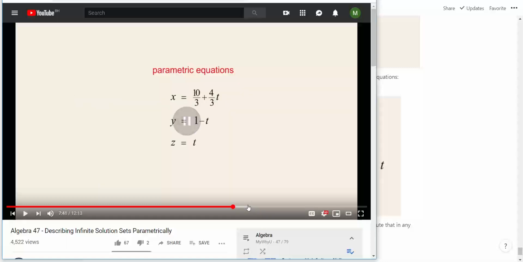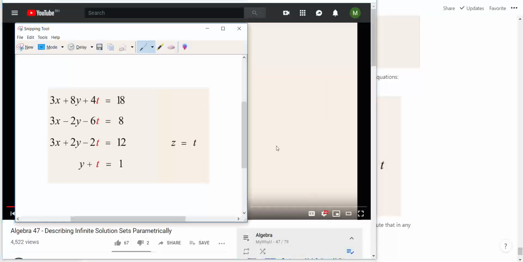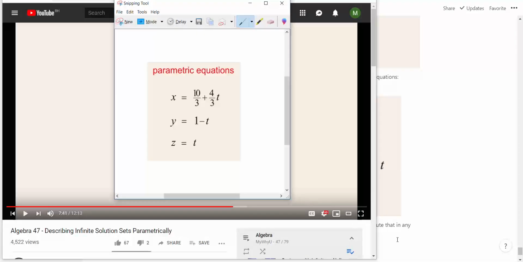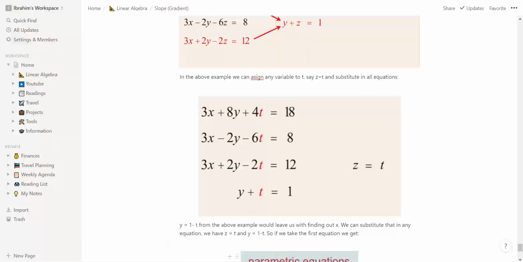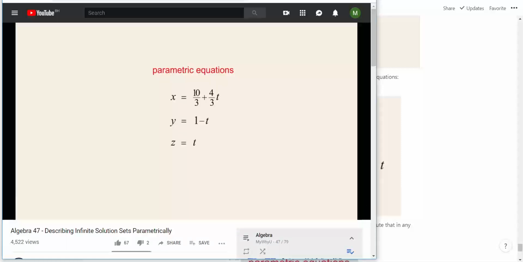Dividing by 3, we now have parametric equations expressing x, y, and z as functions of t.